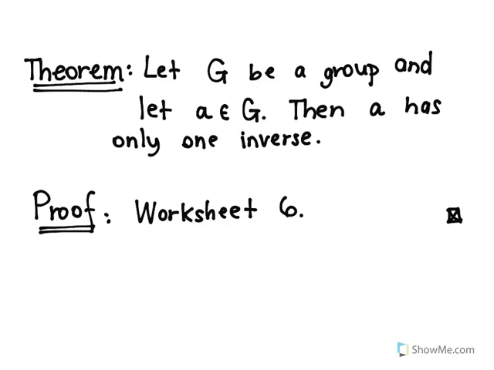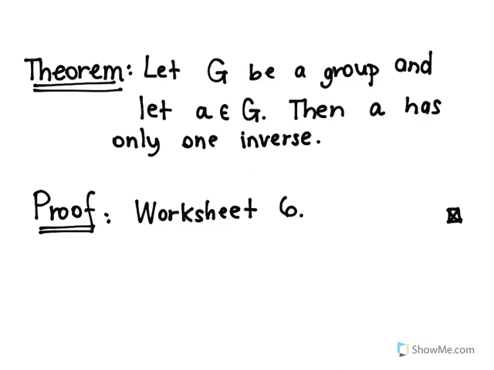In particular, when we have an element A, we tend to use this notation A with a power of -1, and we'll say that that's the inverse of A. But when we use that word, the inverse, we're implicitly thinking that A has only one inverse. And indeed, this theorem checks that that's true. And so that notation where we write the inverse of A with those symbols is justified.